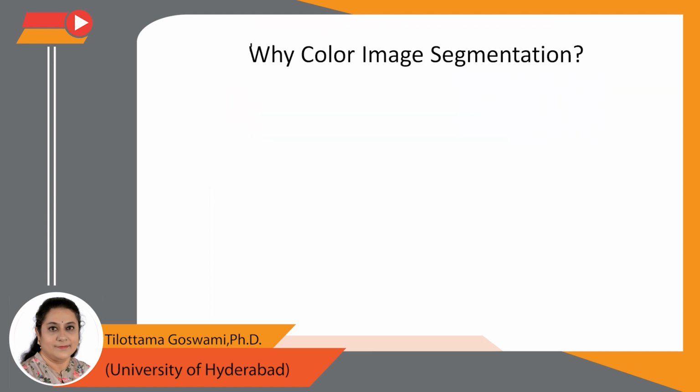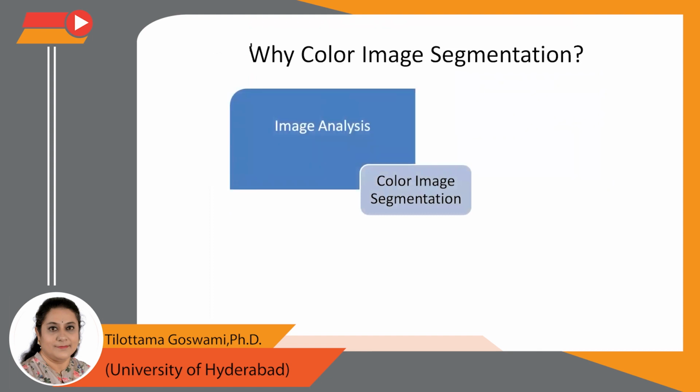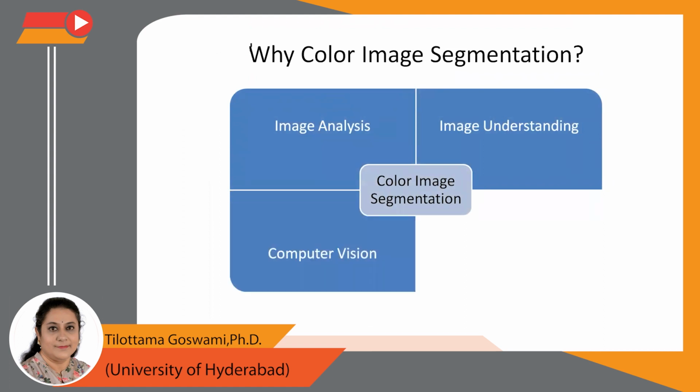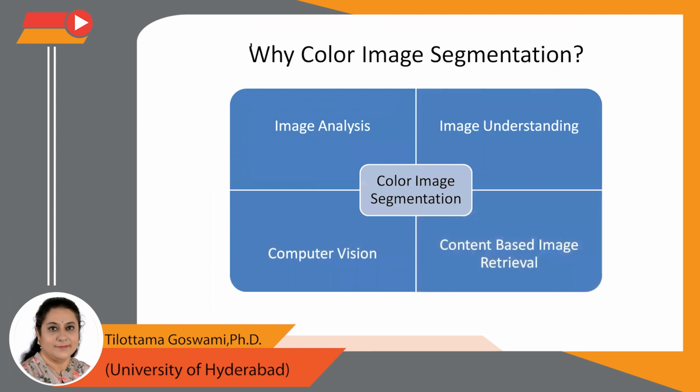Why do we need color image segmentation? Segmentation plays a fundamental role as the first step before applying images to higher level operations such as image analysis, image understanding, and computer vision tasks such as recognition, semantic interpretation, and content-based image retrieval.